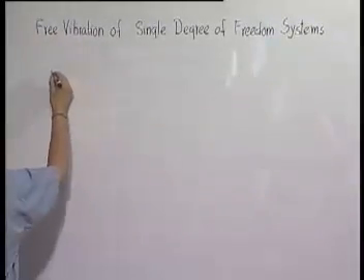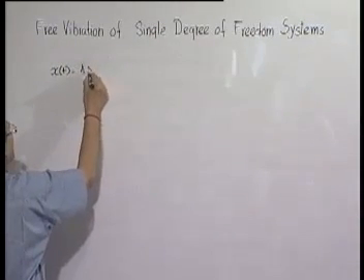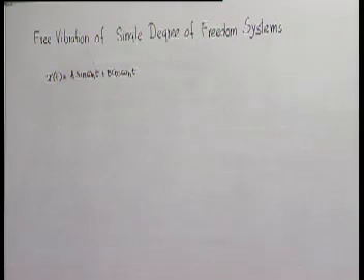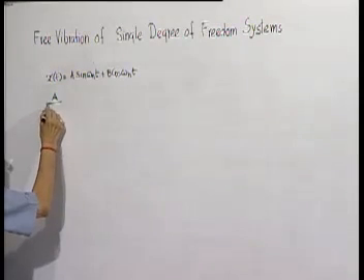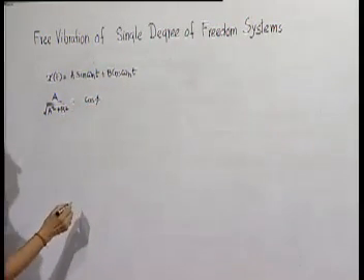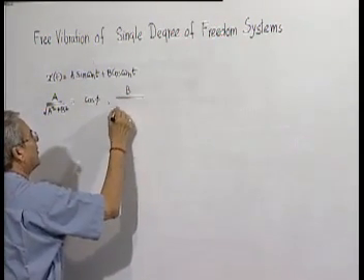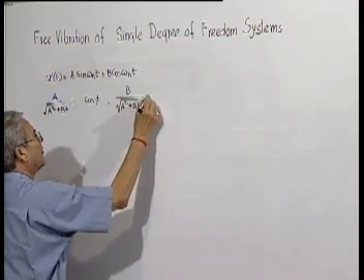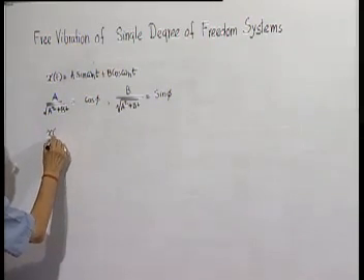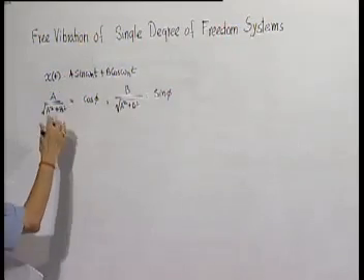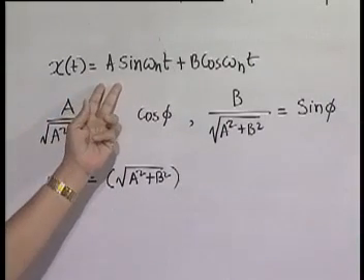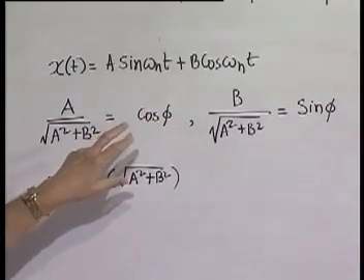Say if we take the solution and let us substitute A by square root of A square plus B square, then what we can get, x t is equal to, now we can first multiply by square root of A square plus B square and divide by the same, which are nothing but cosine phi and sine phi.